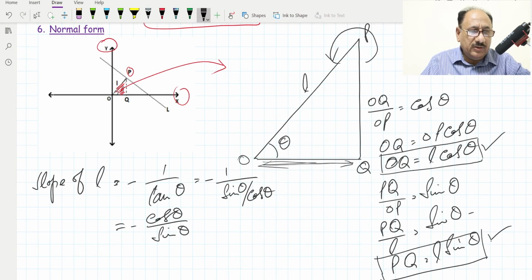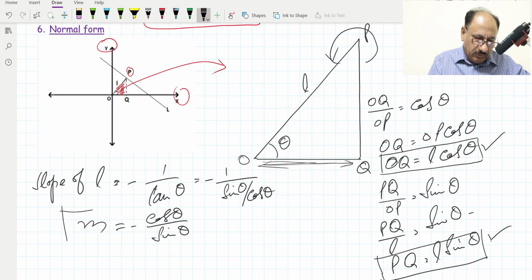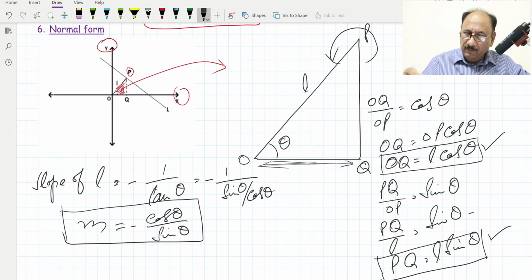So this will be the slope, the m value, and we have the coordinates of P. Coordinates of P are what? This is the x coordinate, and this one is the y coordinate.